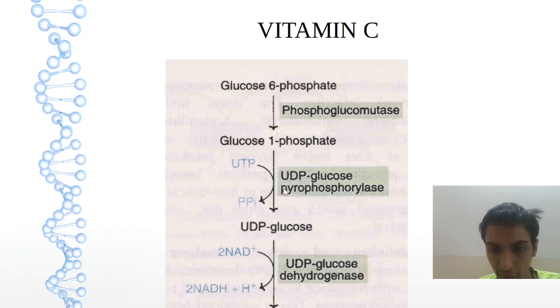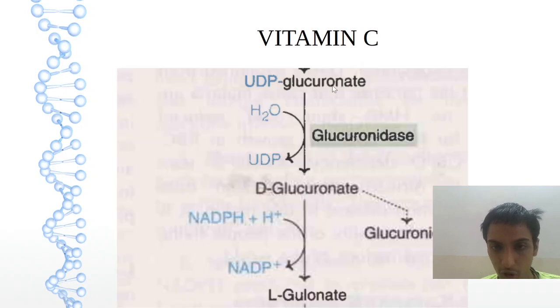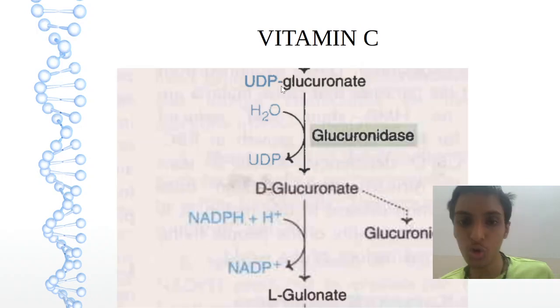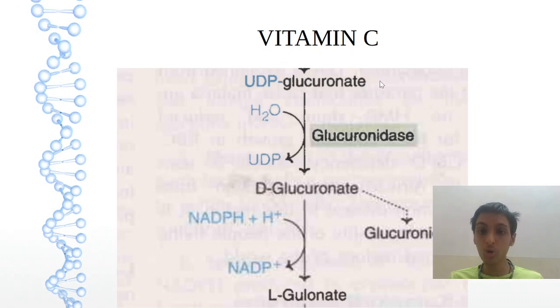Now glucose 1-phosphate, on addition of the pyrophosphate, we have UDP glucose. On dehydrogenase, in place of glucose, glucuronate. On glucuronidase enzyme, UDP is removed.